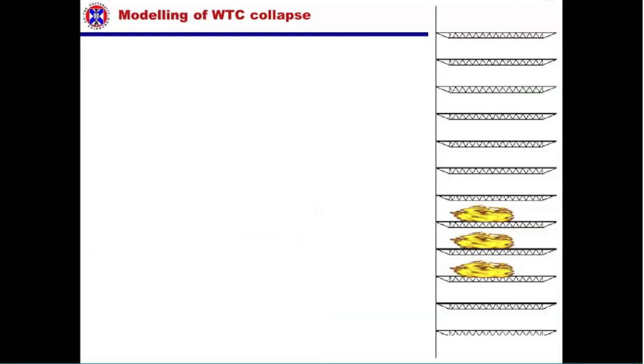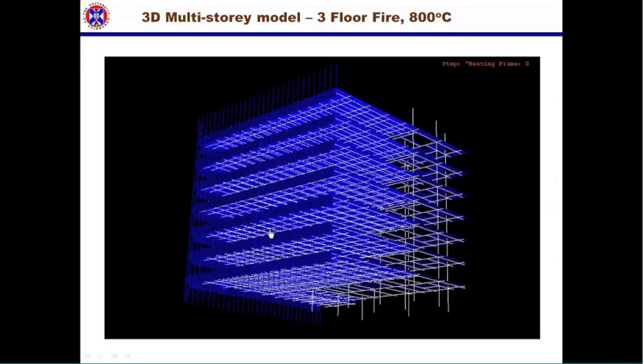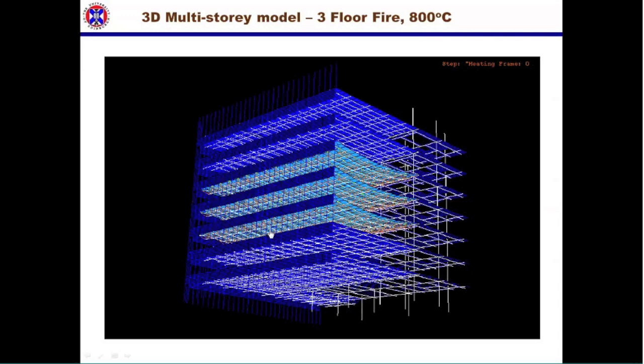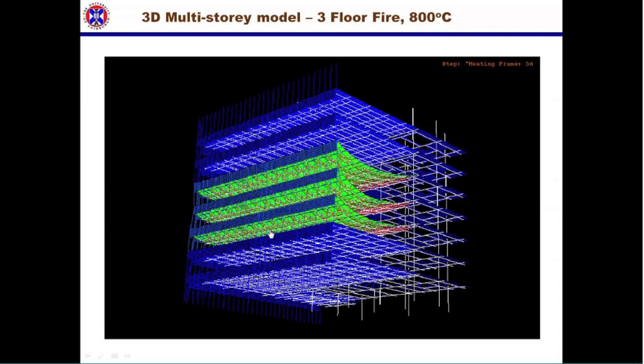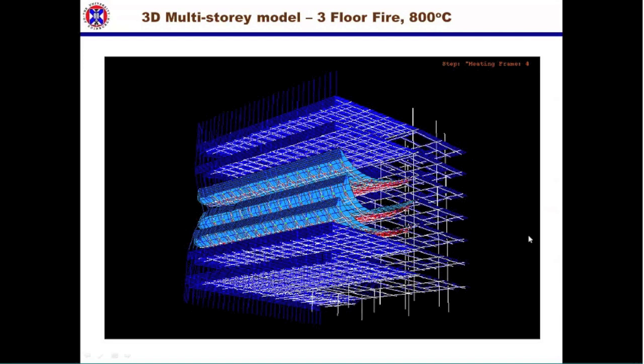So this is just a few pictures from our early models. This slide shows one of the 3D models. Hopefully the animation will work. This is one of the most comprehensive models we developed, which showed us that in a multiple floor fire, a finite element model of the World Trade Center does show collapse.